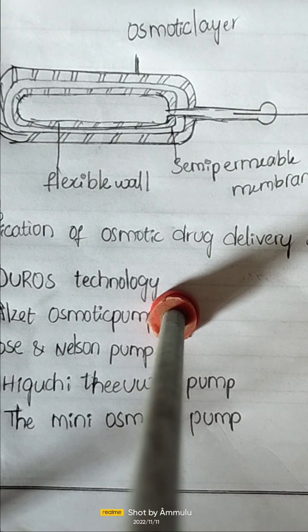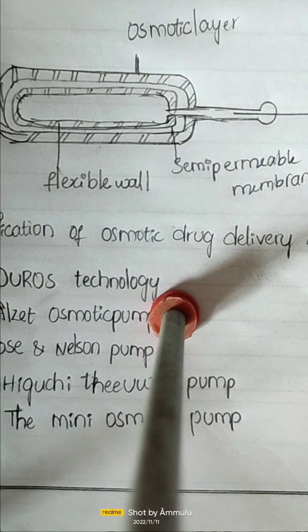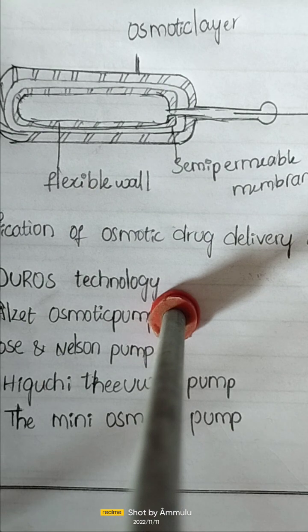The semi-permeable membrane itself acts as a rigid outer casing of the pump. The device is fully loaded with the drug only, but in the Rose and Nelson pump, the salt and water will also be there. These devices are loaded with the drug prior to use.